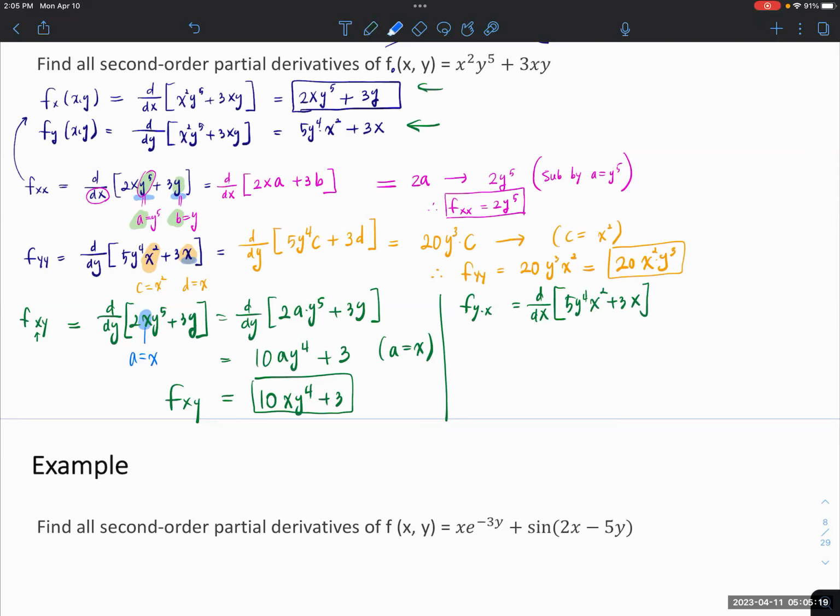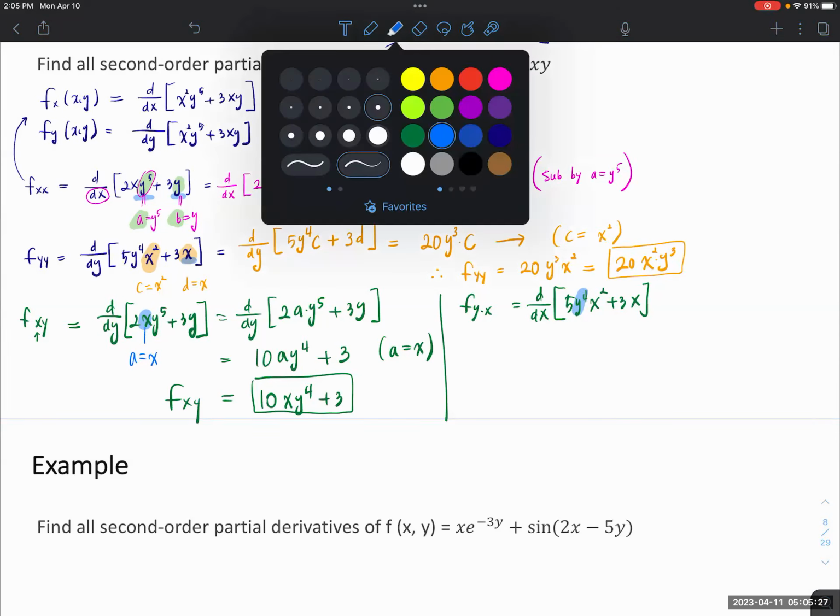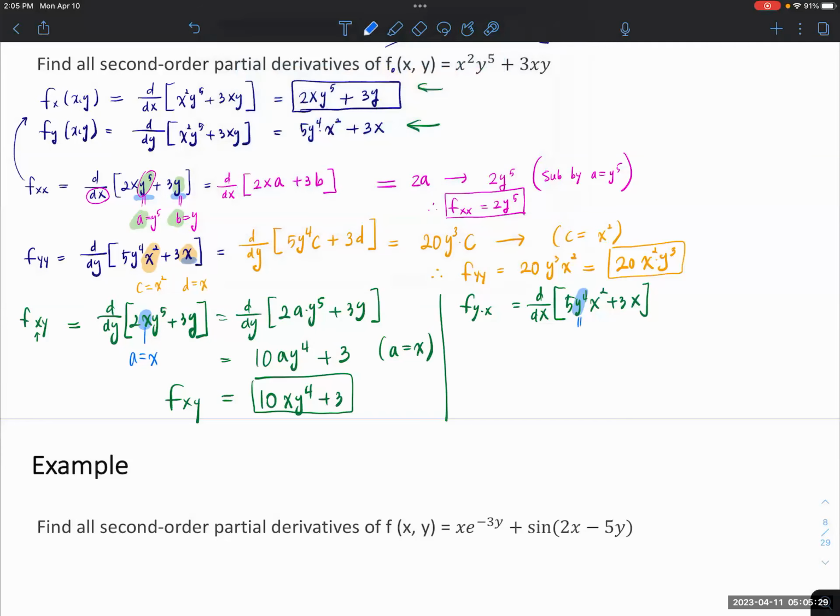I will say y to the 4 is a. Okay, now what happened? d over dx, 5a x to the 2nd. Please do not include the number because we only look at the variable. So that's a 3x.